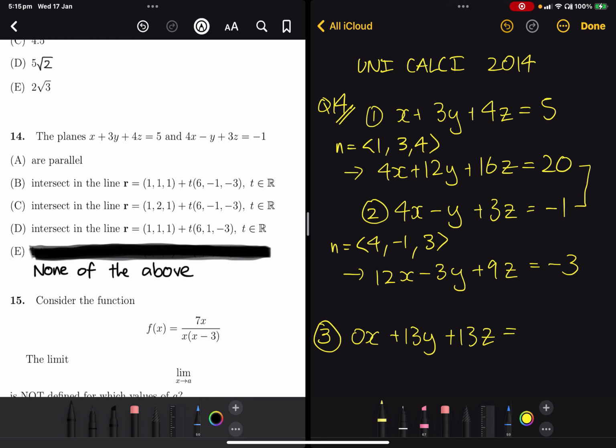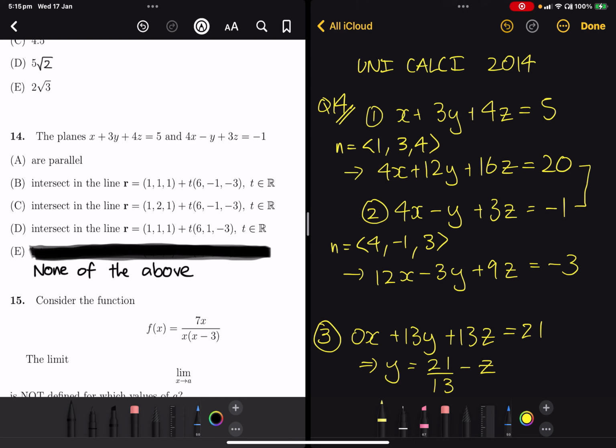This is equal to 20 minus minus 1. That's 21. So here, if we rearrange this for y, y is equal to 21 over 13 minus z. So this is our first equation, which is not a function of x. So this is only of 2 variables.